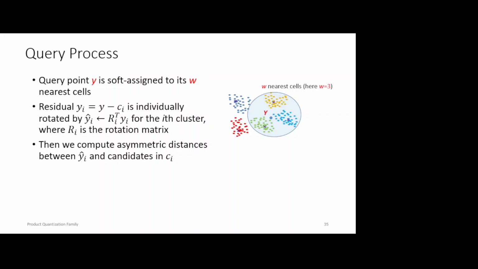After we build up the OPQ structure, the search process is as follows, given a query. Given a query point y, we want to find its nearest cells, nearest clusters. Here is the example.